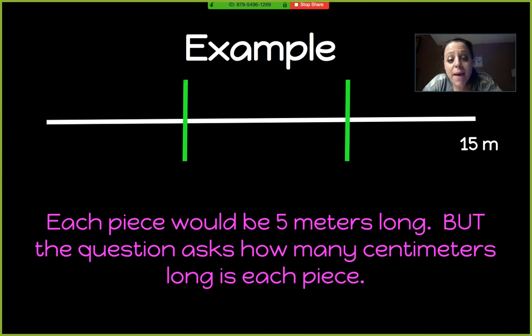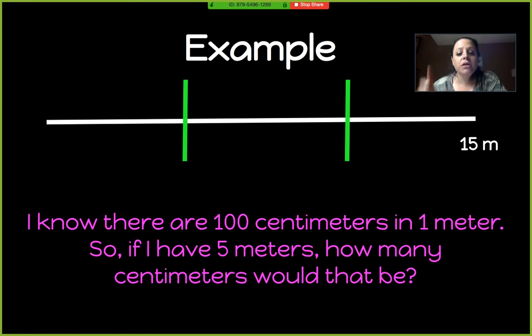But guys, remember, the question asks how many centimeters long is each piece? So I'm thinking back to when we were in the classroom talking about measurement. And Mrs. McElroy got out that big meter stick. Remember, 1 meter stick has 100 centimeters all the way across.